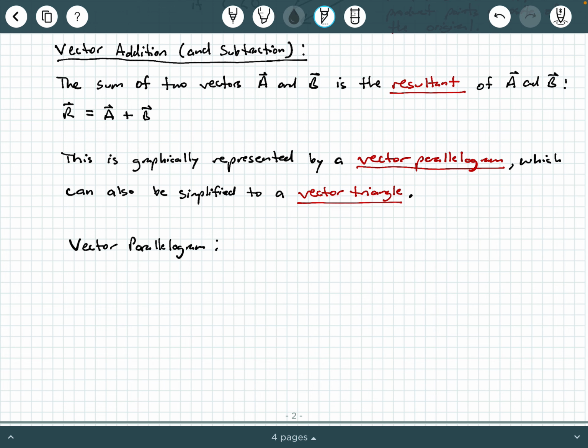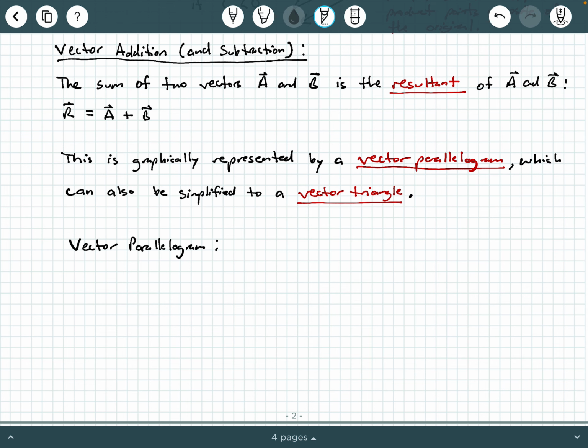Magnitude and direction. Because vectors have both a magnitude and a direction, you have to add them in a very particular way. They don't just add directly like scalars do. You can't just say 2 plus 3 is 5, because you have a direction associated with each of these vectors. So let's talk about that.